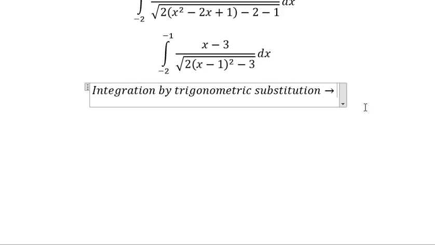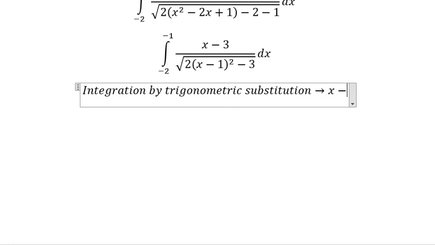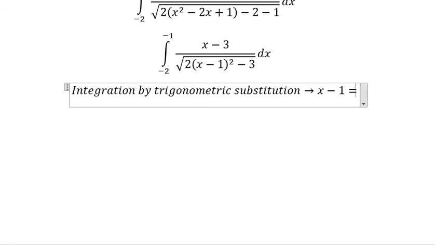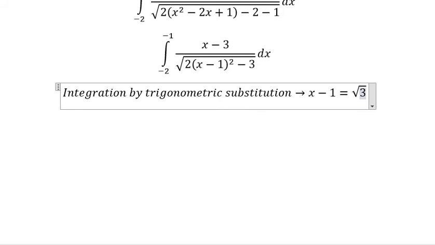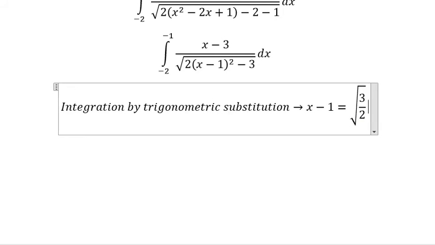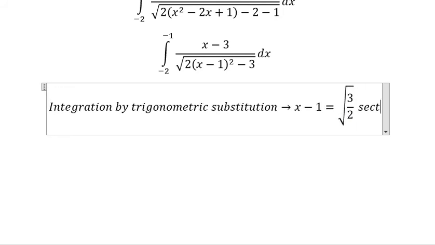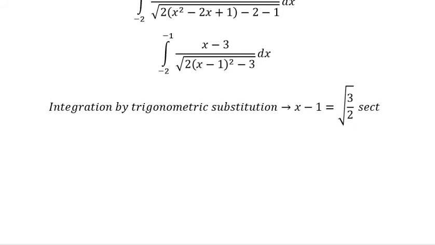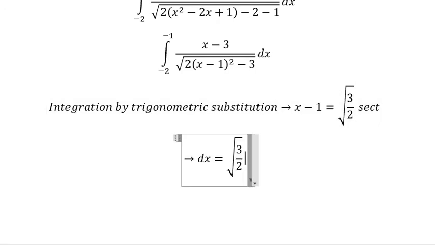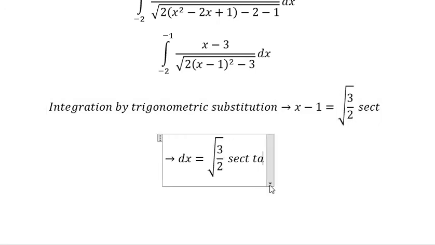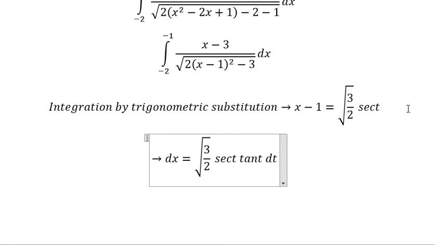So we have x minus 1 equals the square root of 3 over 2 times secant of t. So we first do the derivative of this one. You will get dx equals to secant t tan t dt.